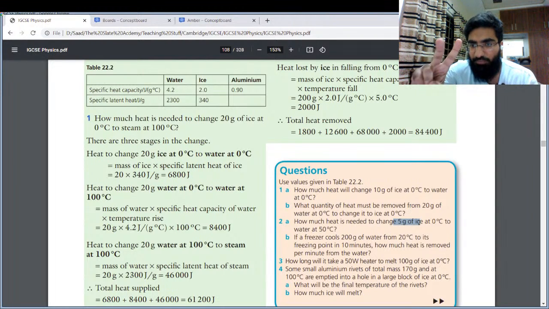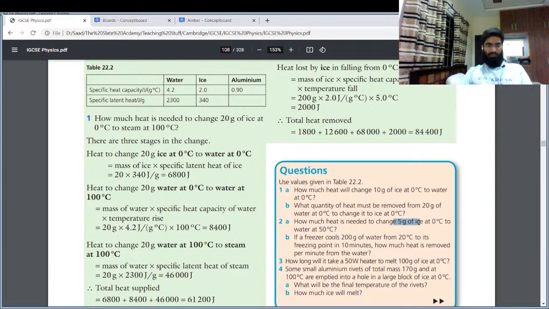And in the second step, I will do the formula for raising the temperature of water, MC delta theta. And then we'll add the two energies that we get. That would be the total energy needed.